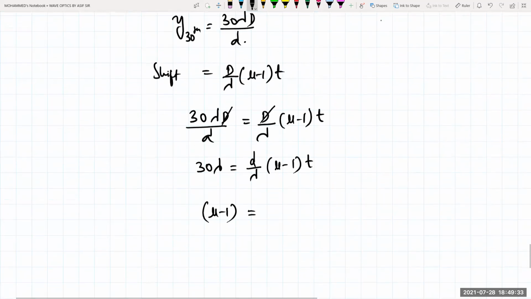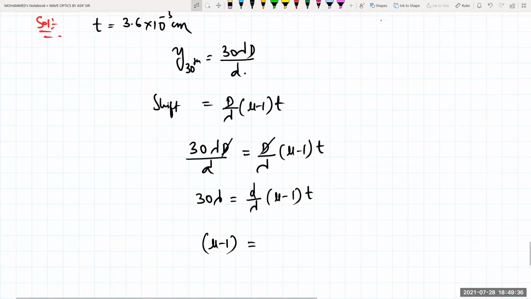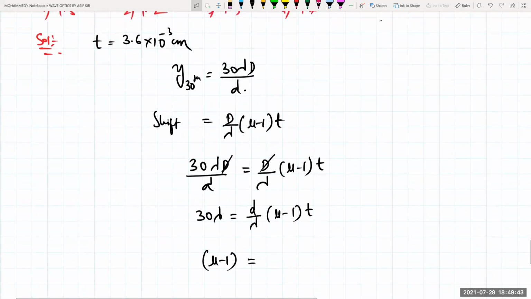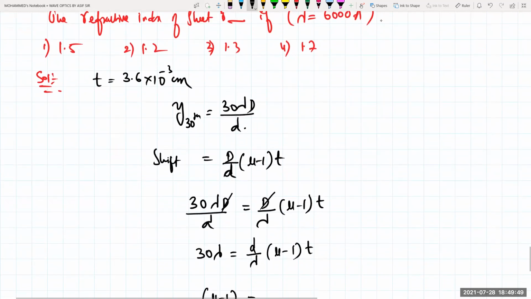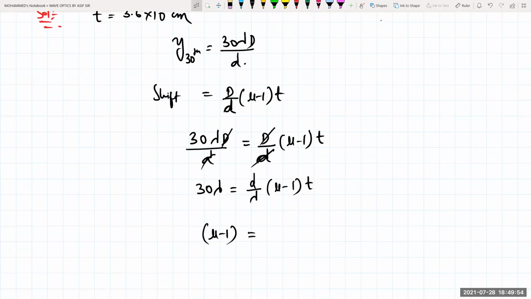It's capital D by small d into mu minus 1 into t, sir. Capital D by small d, this. Okay, small d also gets cancelled, so this d will not be there anymore. Just check me out. So t will come here. So this will be equal to how much?